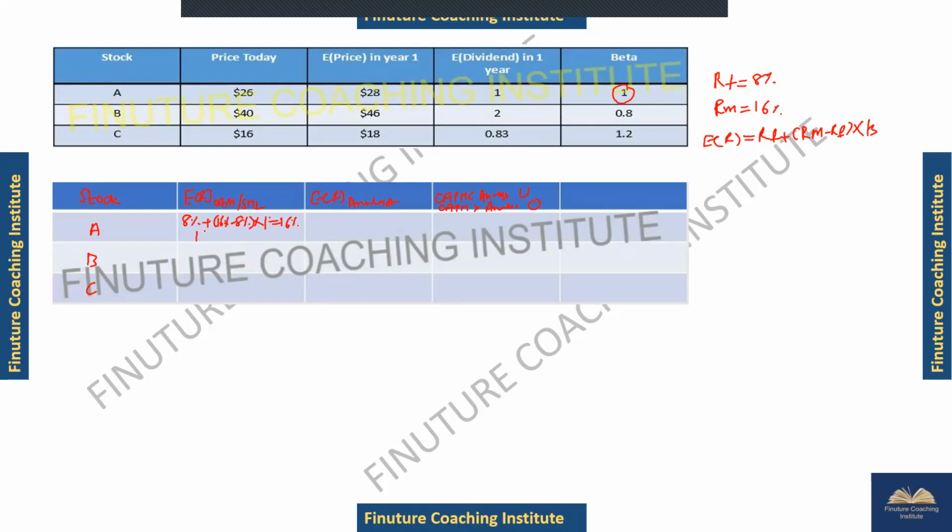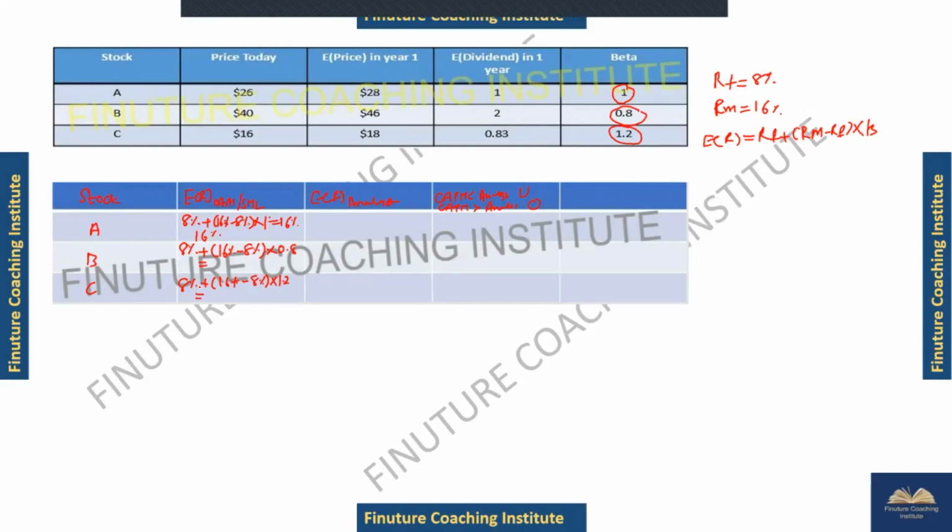So this is 16%, and over here again RF is the same 8%, RM minus RF times the beta, which is 0.8. The third one is also the same 8%, 16% minus 8%, times 1.2.